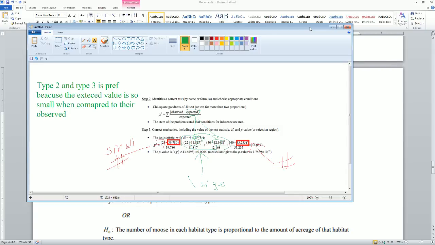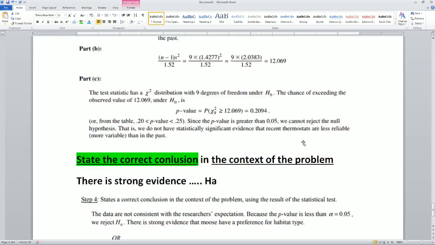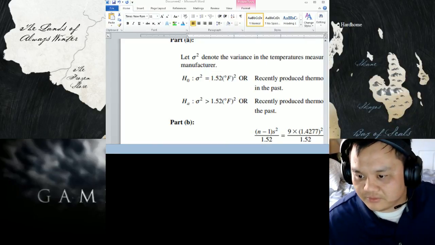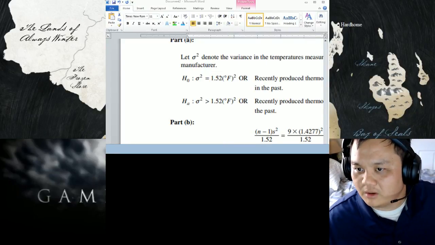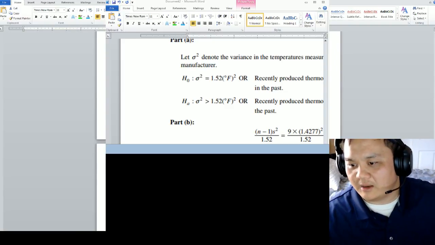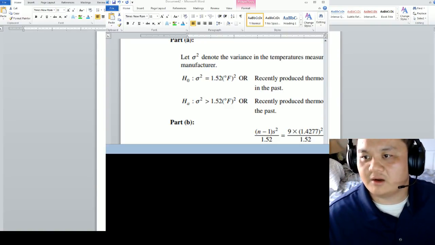Yeah, I understand. Okay. So I think this is about it before we go to confidence intervals. There's one more, but you could do this by yourself. We're gonna talk about confidence interval next.